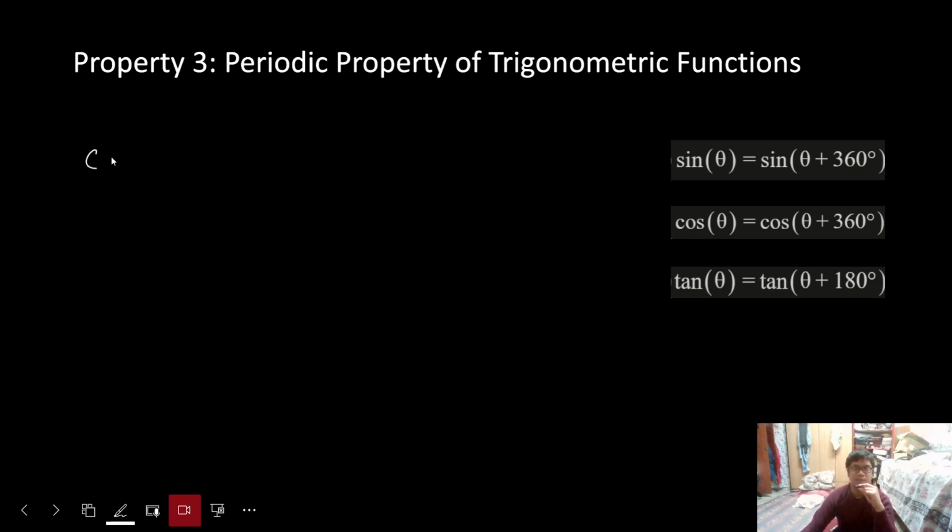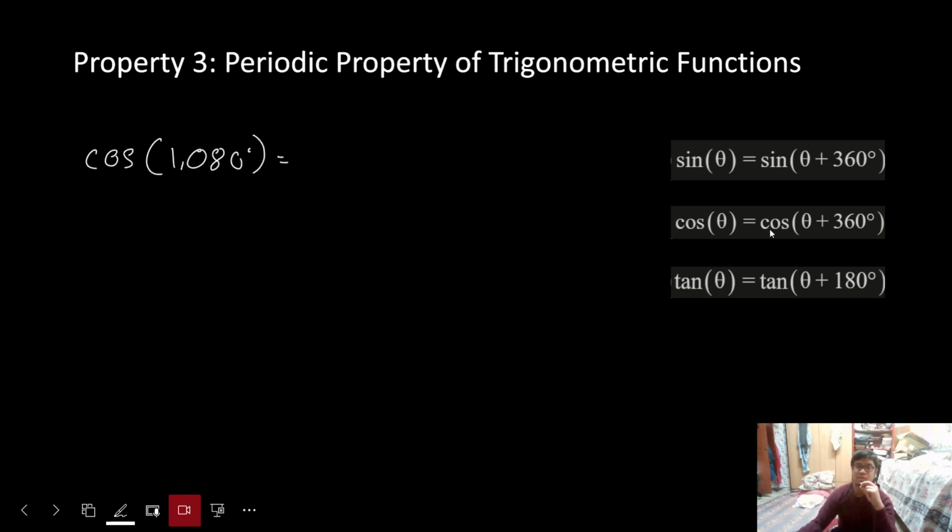Let's say we have cosine of, let's make it bigger, 1080 degrees. How do you solve this one? The same technique: what angle, if I add 360 degrees, gives 1080 degrees?